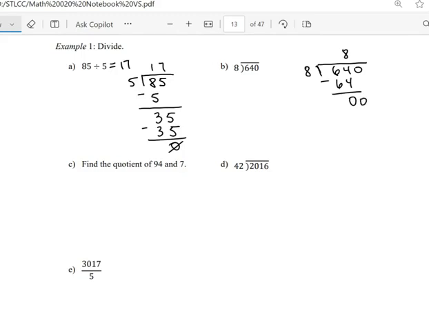So we're going to bring that 0 down, and 8 goes into 0 0 times. And now you got your answer. You used all the digits of the number being divided, and you got the 0 at the end. So 640 divided by 8 gives you 80.